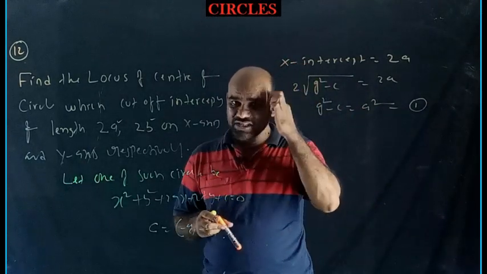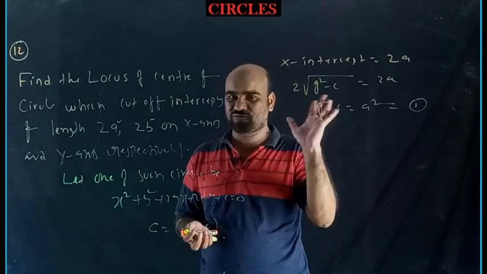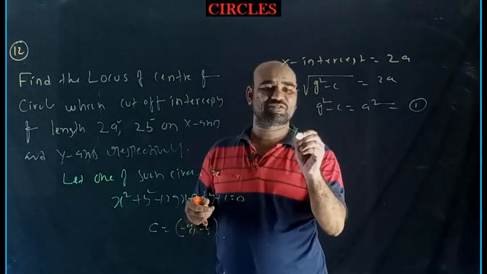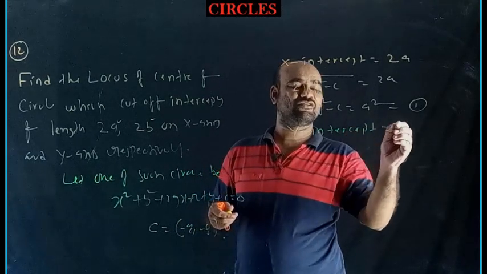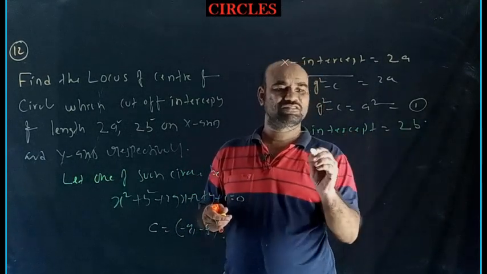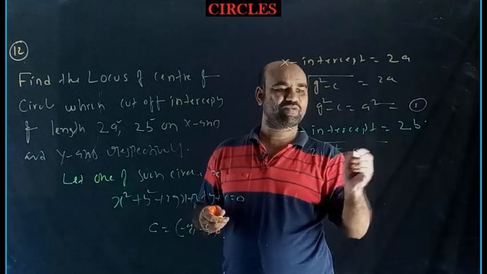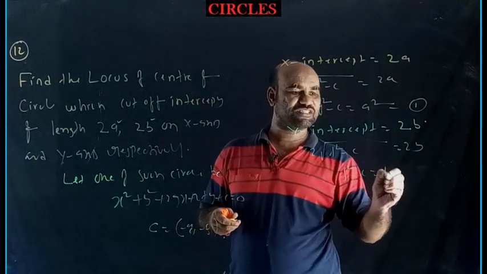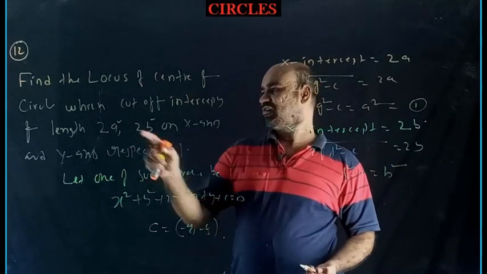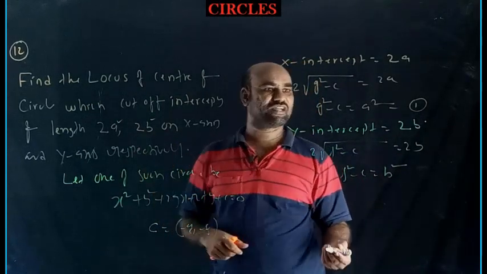Our plan is to create the relation between g and f. Now the y-intercept equal to 2b: 2 into root over f square minus c equal to 2b. The 2 gets cancelled: f square minus c equal to b square.